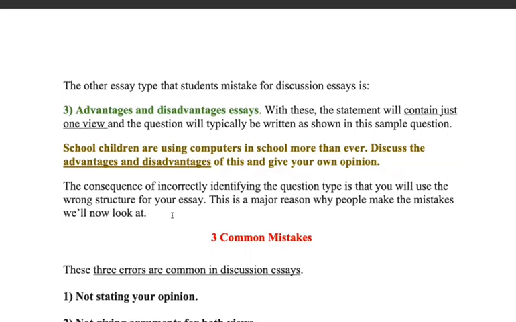Here, we have an example. School children are using computers in school more than ever. Discuss the advantages and disadvantages of this and give your own opinion. So here, we are talking about just one idea. It's about computers, using computers in schools by children. Tell us the advantages and disadvantages.